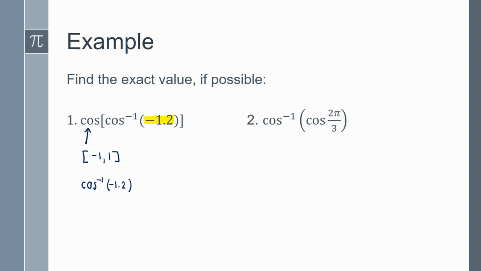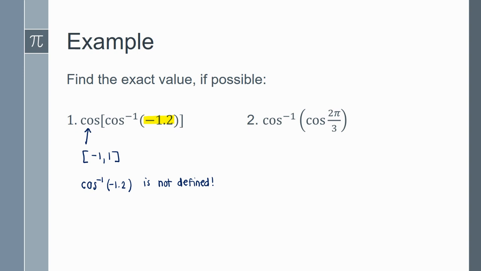However, -1.2, if you're thinking about what we were doing when we're trying to figure out that angle measure, we're thinking about all of our different ratios. Well, -1.2 isn't going to help us figure out what special right triangle we're dealing with. Okay, so the inverse cosine of -1.2, this is not defined.